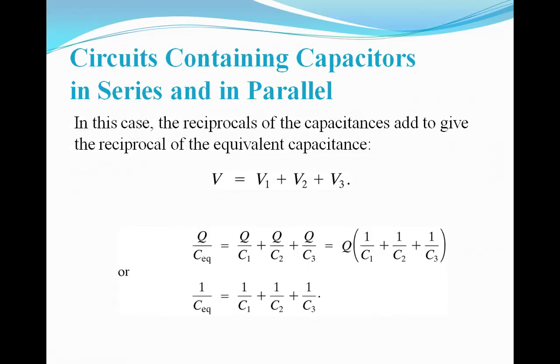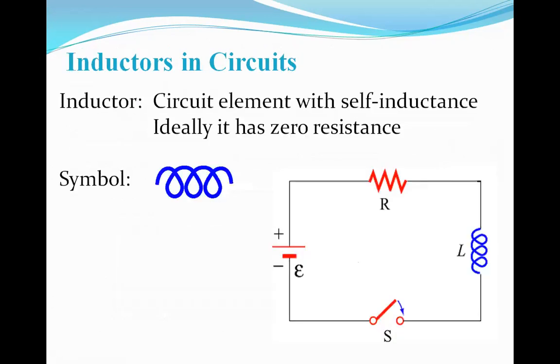Let us understand inductors in a circuit. So inductors are nothing but what? A circuit element with self-inductance, which ideally will have zero resistance. As we said, an inductor opposes those currents which are either varying or alternating. It means a back EMF will be set up in the inductance due to electromagnetic induction, and this causes a reduction in the current.